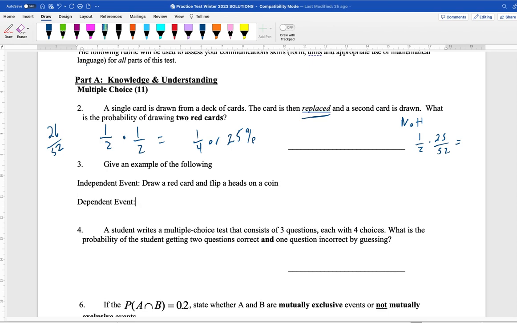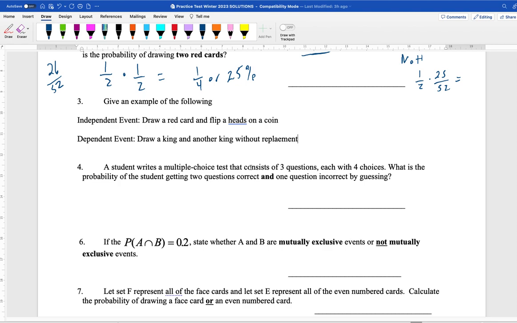A dependent event may be draw a king and another king without replacement. Okay? Both those are independent: red card and flipping a head. Drawing a king and then another king without replacement is dependent because it depends on you drawing a king first and then second. Okay.